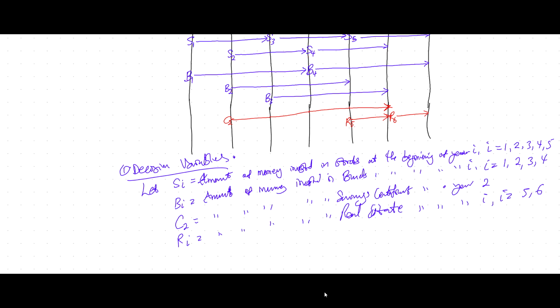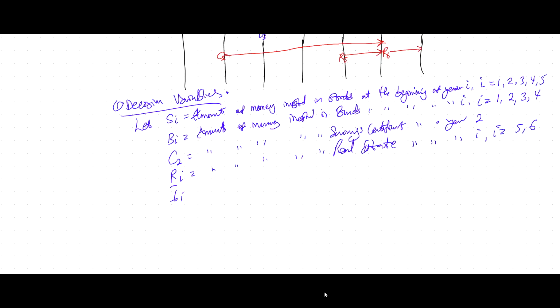So that could be II, the amount of money held idle and not invested at the beginning of year I. I think this is straightforward.